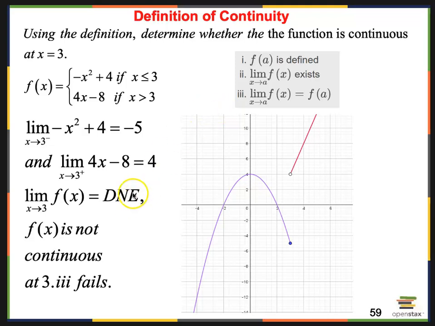It's not continuous because the limit doesn't exist, and also the function value is not equal to the limit. So technically, it looks like condition 2 fails and condition 3 fails, but 2 fails right here because the limit has to exist and it doesn't.